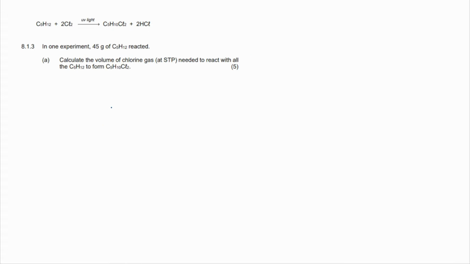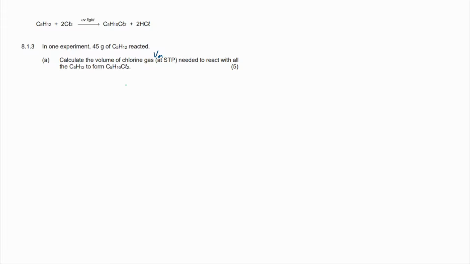Perfect. Now they give the reaction again, and they say in one experiment 45 grams of pentane reacted. Calculate the volume of chlorine gas at STP needed to react with all the C5H12. So STP, we're probably going to be using molar volume. It's mole ratio type stuff.